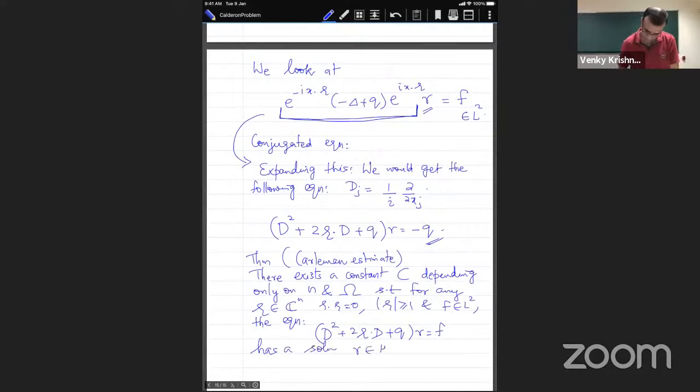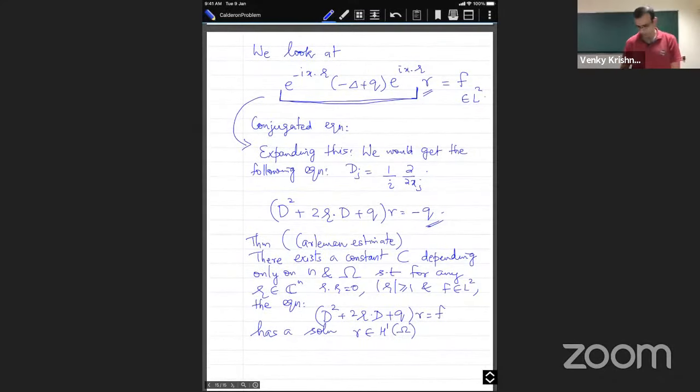R in H1. For those of you who are not too familiar with Sobolev spaces, it doesn't matter. Just think of this as some functions, but this is what is important. The norm of R in L2 of omega is less than or equal to C naught over mod zeta.